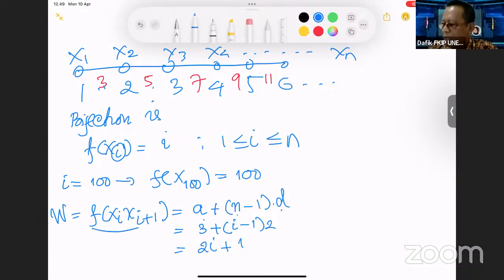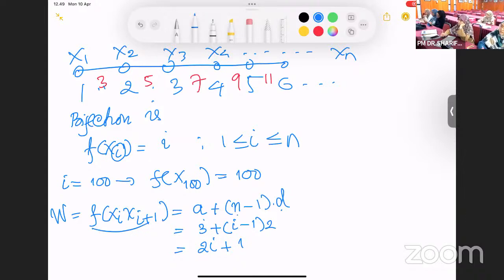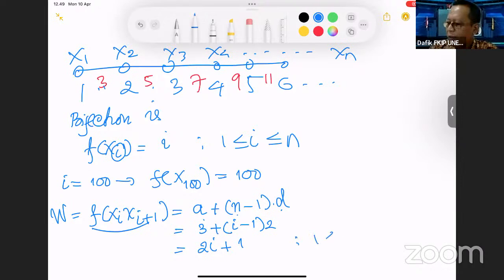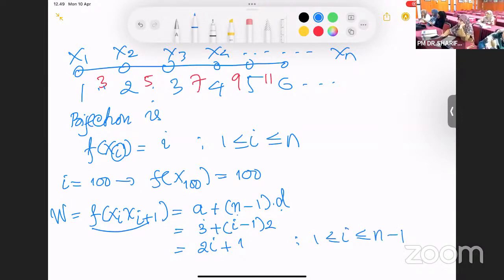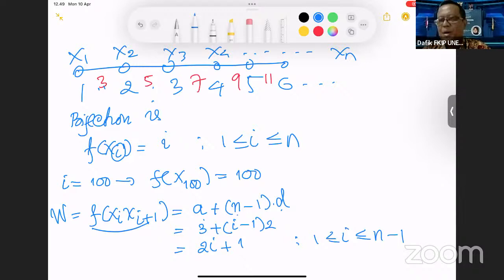That is the bijection of x_i plus 1. For this one it is i minus 1. What do you think? Try. Correct. Understand, yeah?